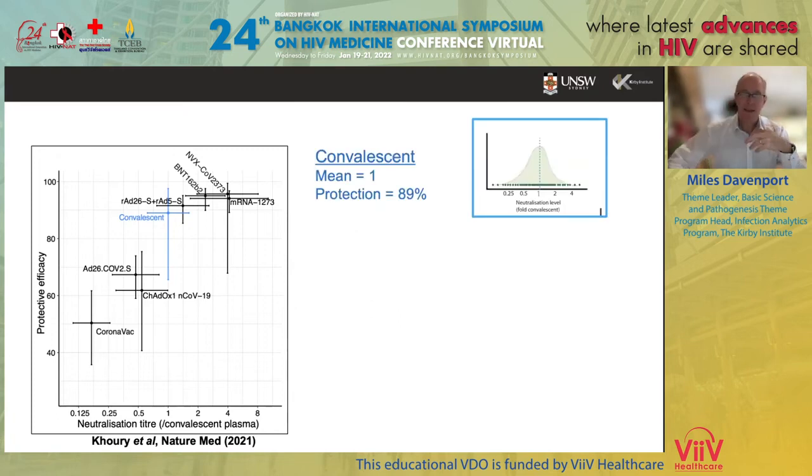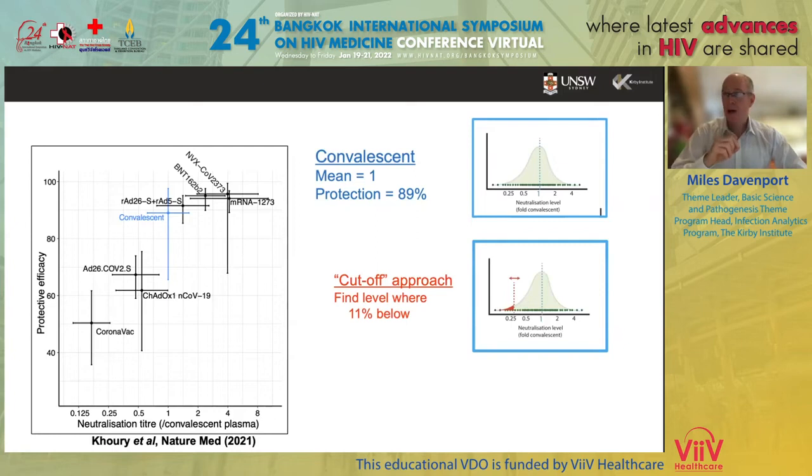So just thinking about what this data means and how to interpret it. So for example, convalescent subjects, they're marked in blue on the left here, and shown schematically on the right. They have a mean neutralization titer of 1 because everything was normalized to convalescence, and they have some distribution around that.